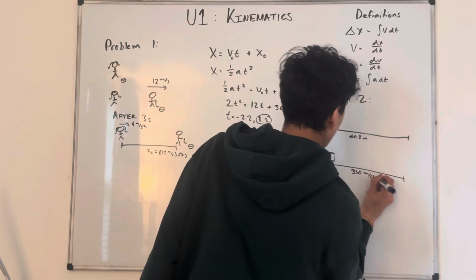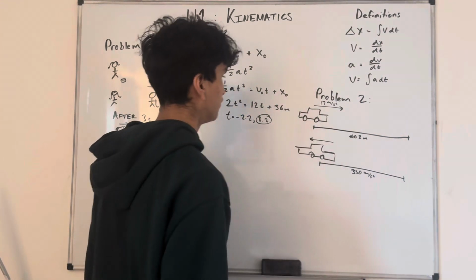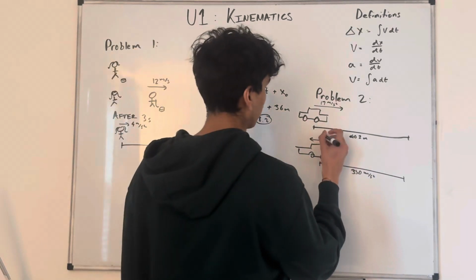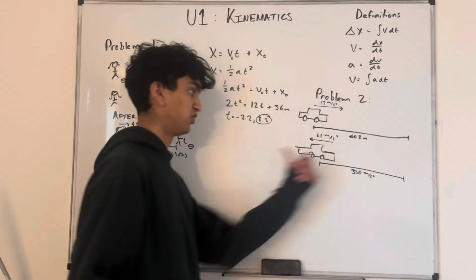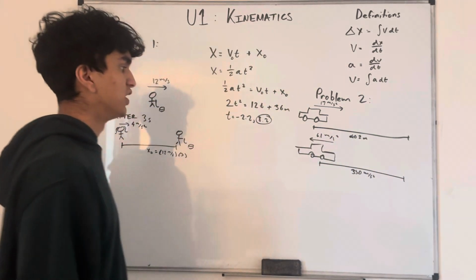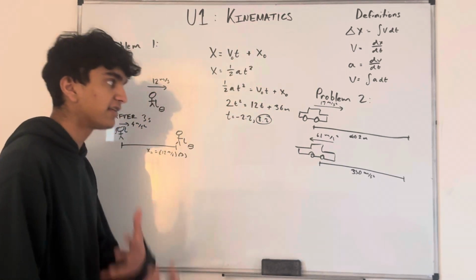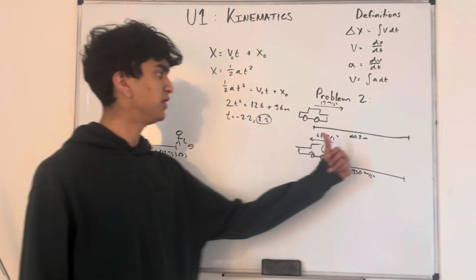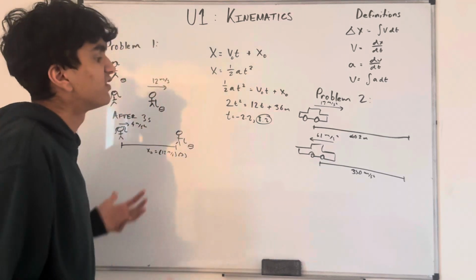Let's say he decelerates a certain amount, like 6.1 meters per second squared, right? So it's in the opposite direction. Even though he's moving this way, the acceleration is in the opposite direction, and we want to figure out what's his speed after this distance. Is he at rest? Is he still moving forward? Is he going backwards maybe, right? Maybe the brakes start accelerating him the other way. Like what's his speed at that point?